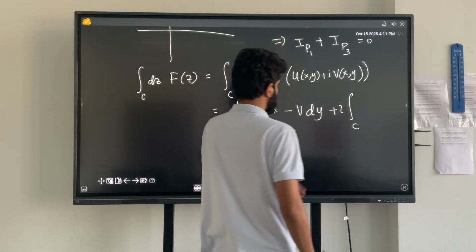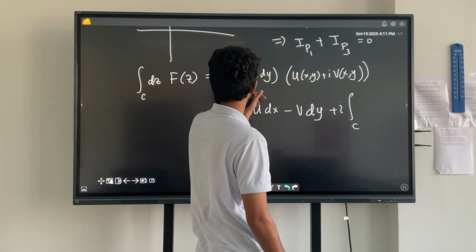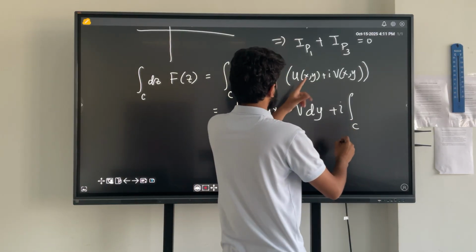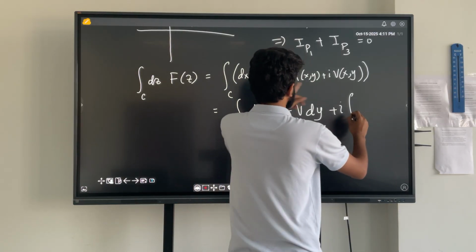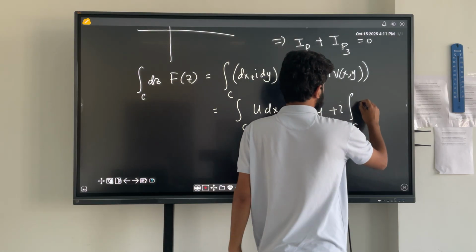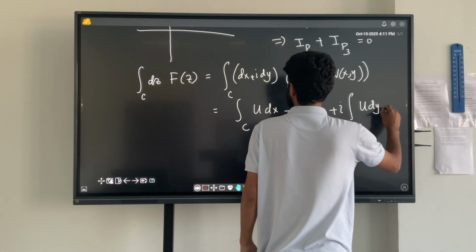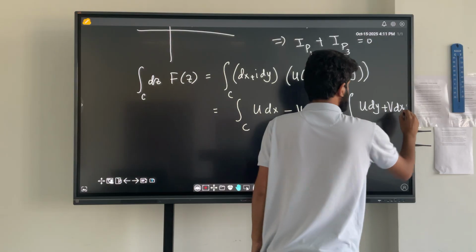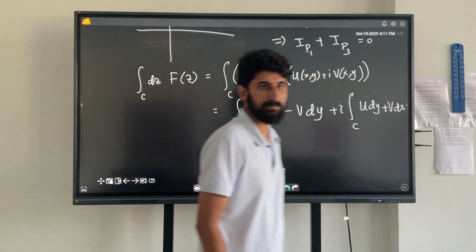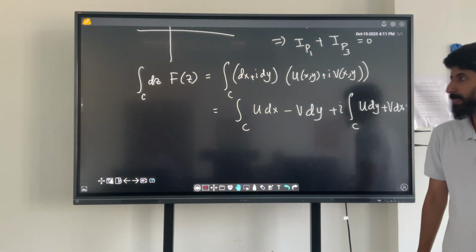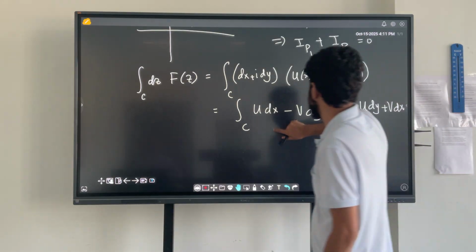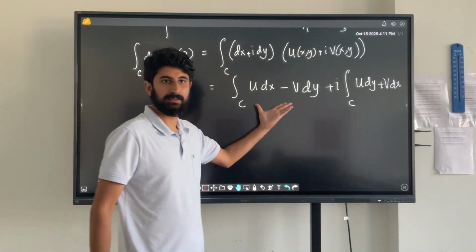Things with iota. In the imaginary part, what do I get? I get u dy plus v dx. Excellent.